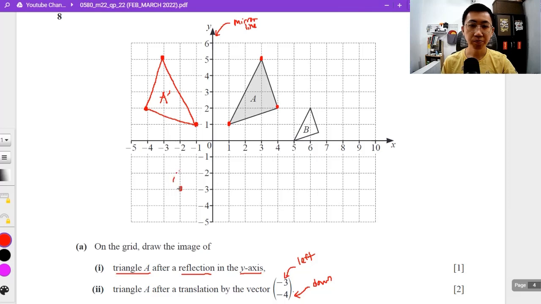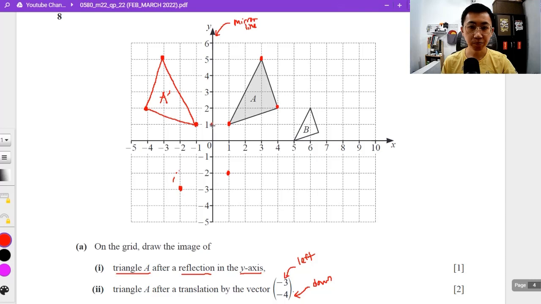Alright, here. Let's do this corner. Okay, focus. 3 boxes left, 1, 2, 3, 4 boxes down, 1, 2, 3, 4 here. Okay, one last vertex. 3 boxes to the left, 1, 2, 3, and 4 boxes down, 1, 2, 3, 4.